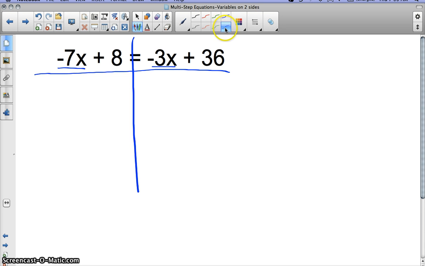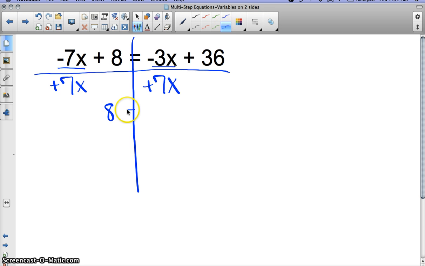Well, I don't like owing anybody any money, but if I had to owe someone, I would rather owe someone $3. So we want to move our negative 7x to the other side, because negative 3x is bigger than negative 7x. So we add 7x to both sides.